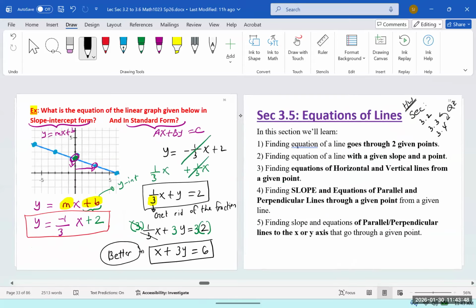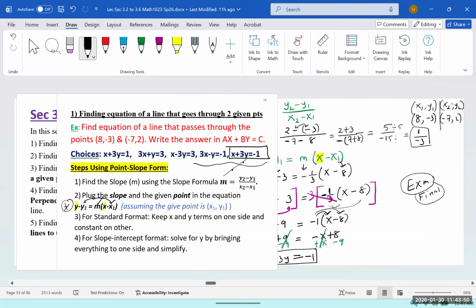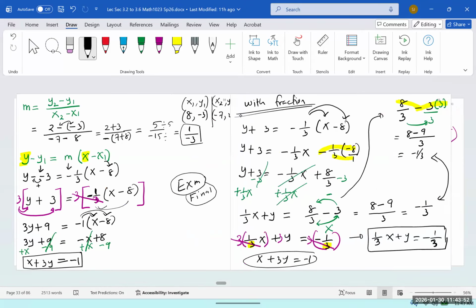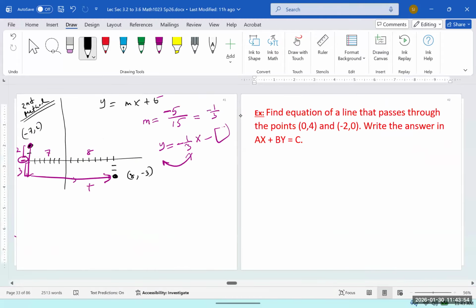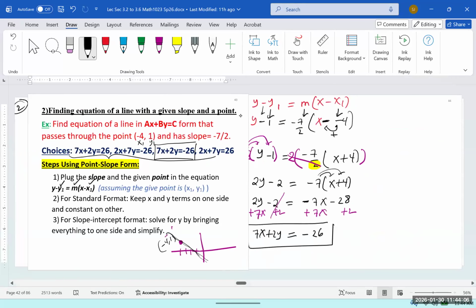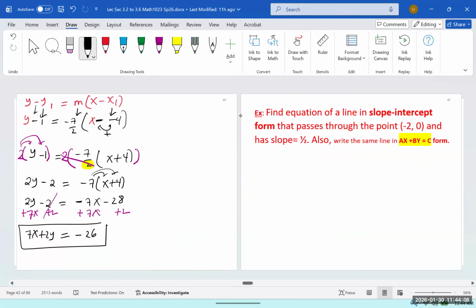Then I skipped this question. So this is question number 2. And now I'm skipping this question, so this is question number 3.